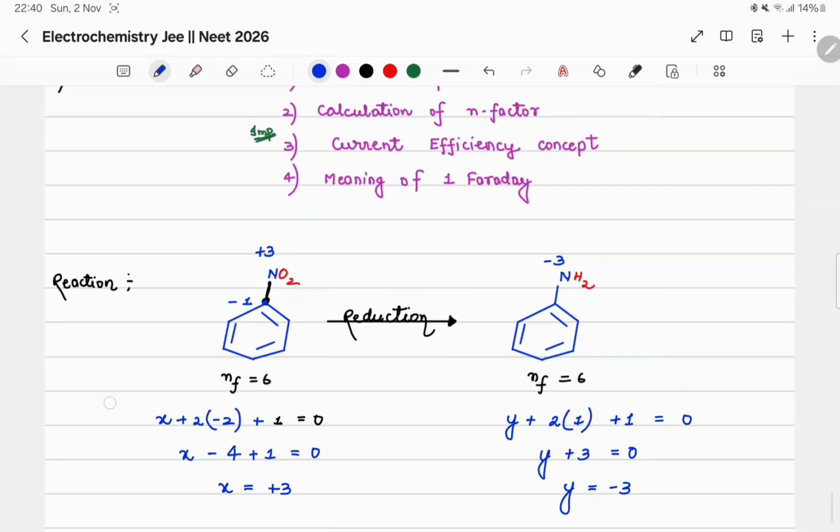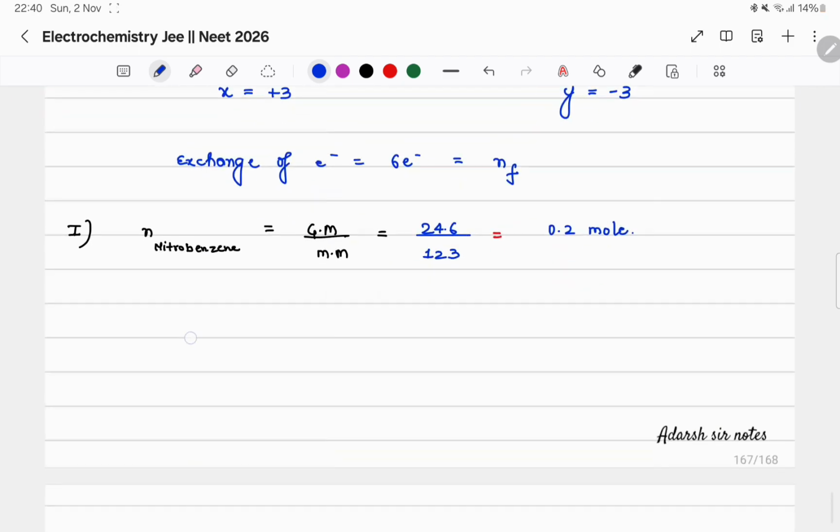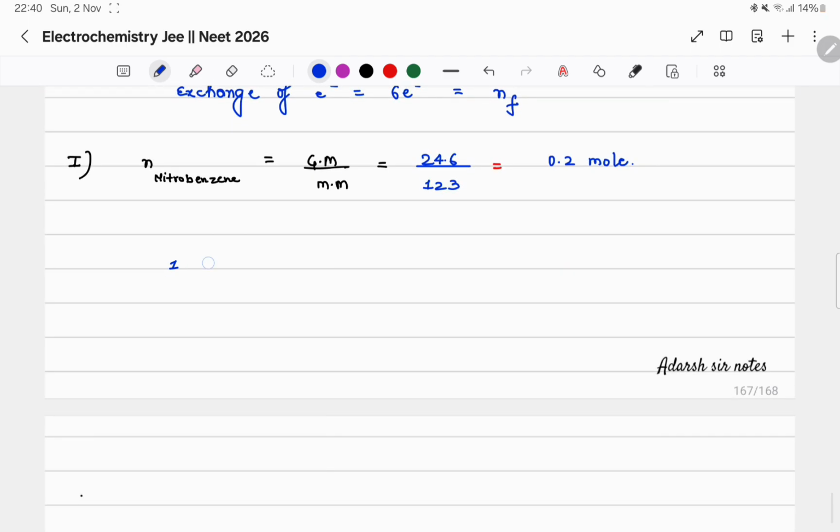Now for our nitrobenzene, what is the n factor? 6 only. Reduction is taking place, so there is a gain of 6 electrons, because reduction means gain of electrons. So I can write 1 mole of nitrobenzene takes 6 moles of electrons. 6 moles of electrons is nothing but 6 Faraday.